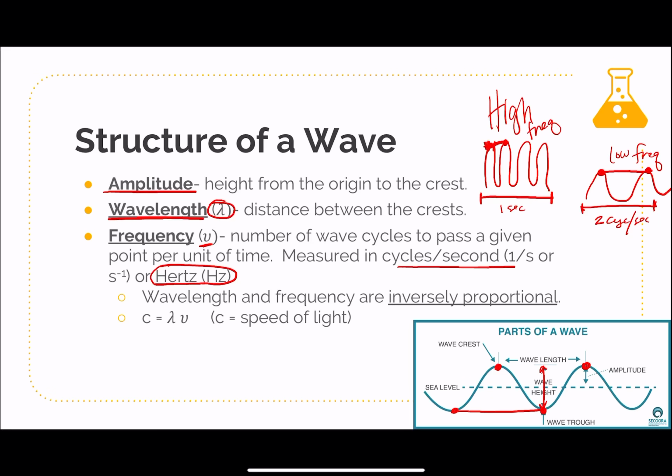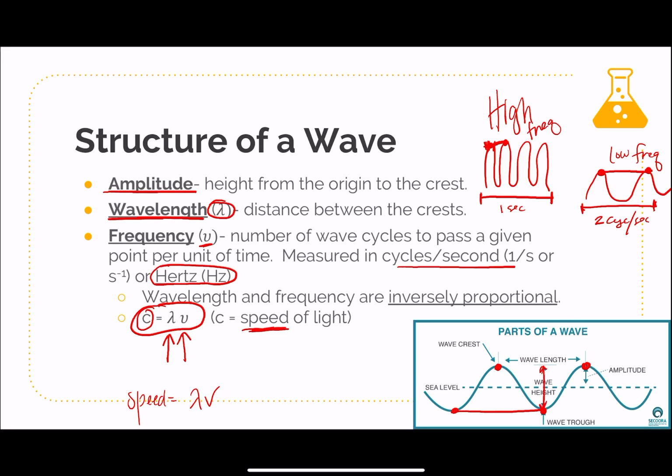Okay? Sometimes we do calculations with these. And so wavelength lambda times frequency nu equals c, which is speed. Specifically in this equation, it's speed of light. Okay? You could just say speed of anything though. Speed equals wavelength times frequency.